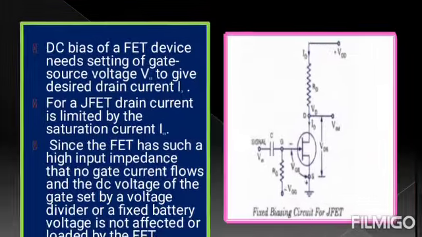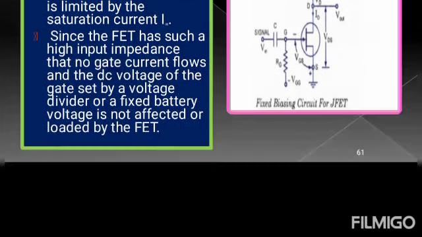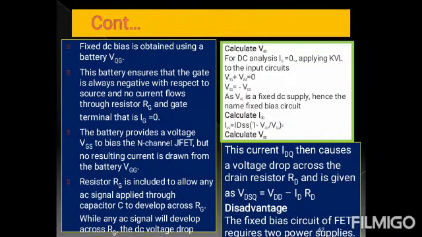In this one, see the diagram, here we are fixing the changes in the output current ID by using one voltage source VGG as well as one resistor RG in the input side. So if there is any increase in the ID due to the increase in the input voltage, that is compensated by using this VGG.